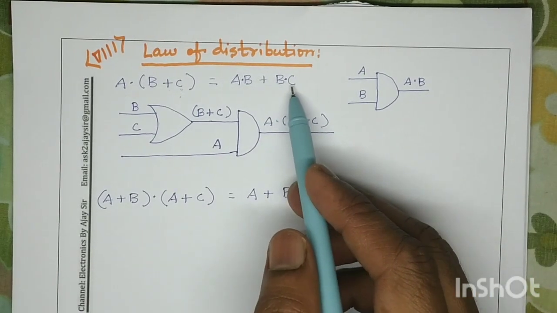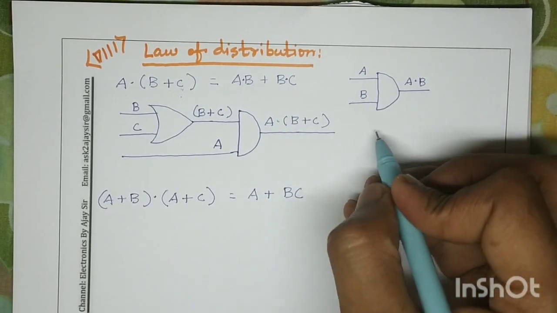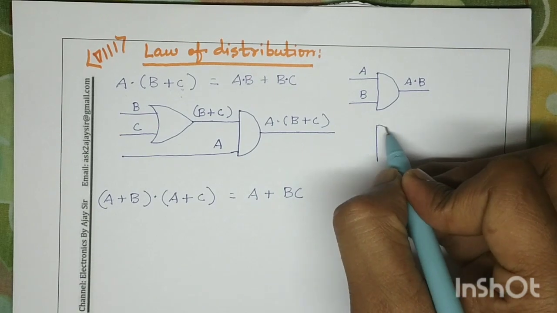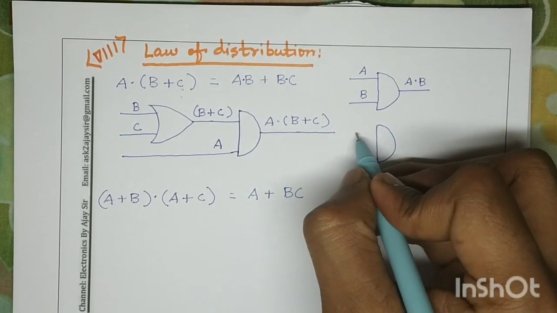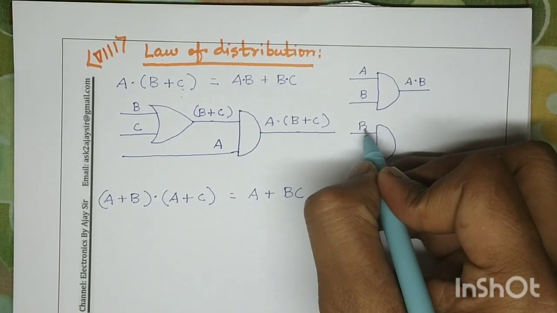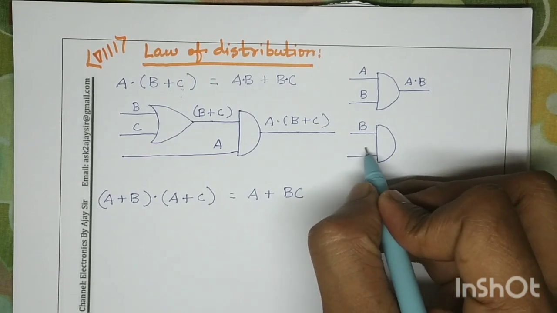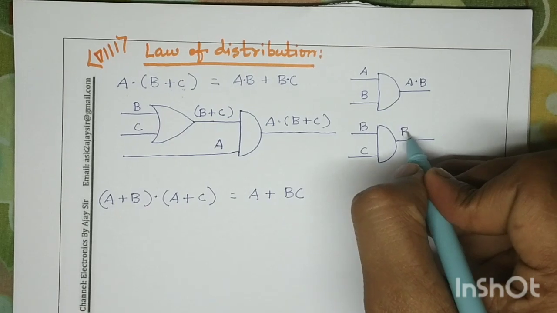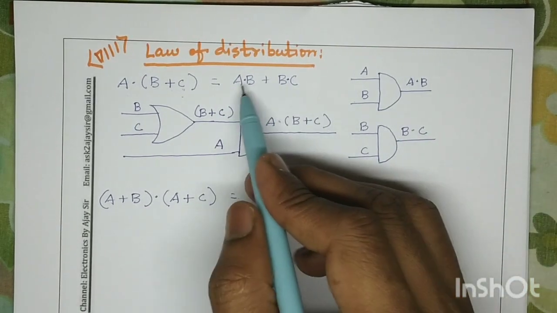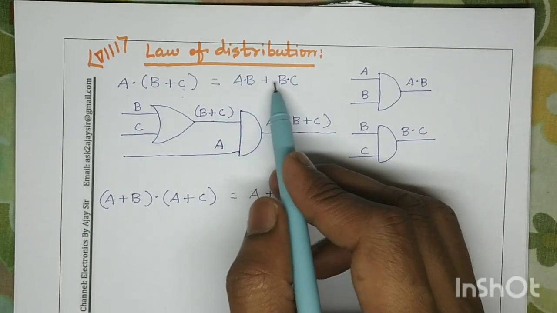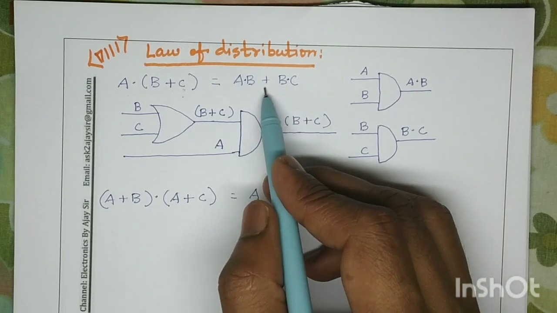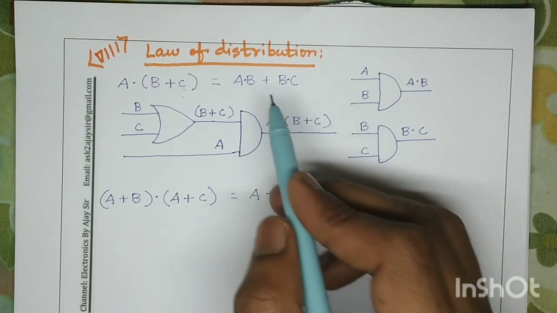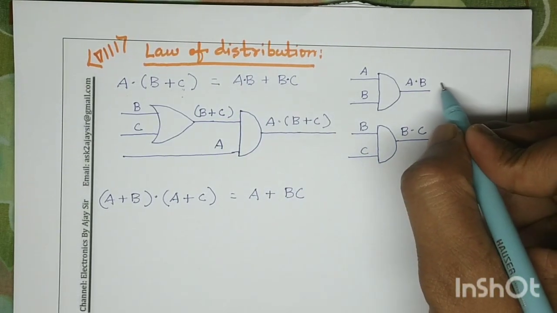Next I will generate b dot c. Similarly, for b dot c I also need a 2-input AND gate with inputs b and c, and it gives you b dot c at the output. Now one signal is ab, another signal is bc, and this plus sign represents the OR operation. So for this I need an OR gate.